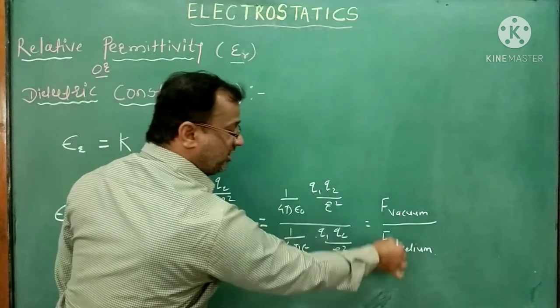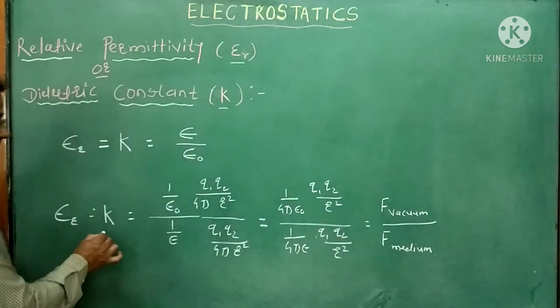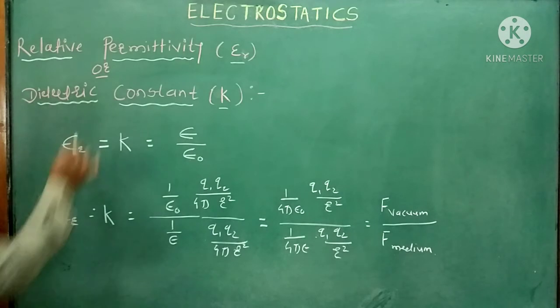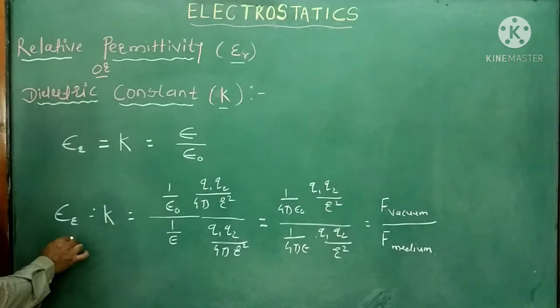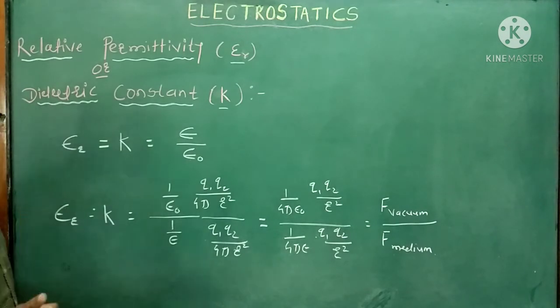So this ratio is called the dielectric constant or simply relative permittivity.